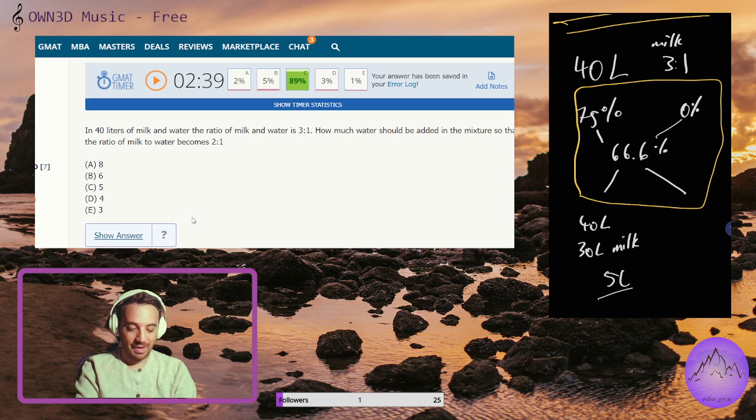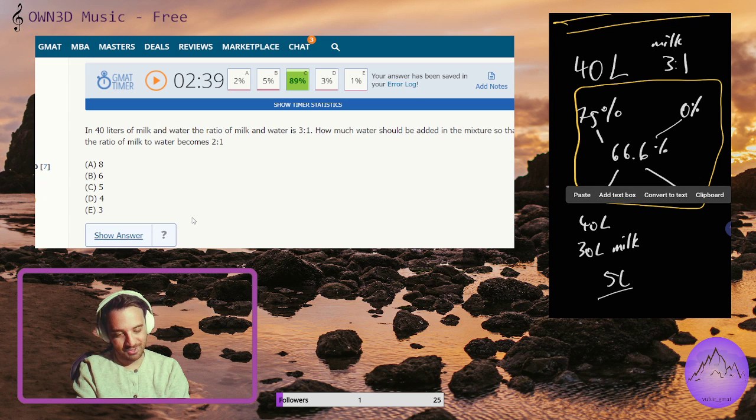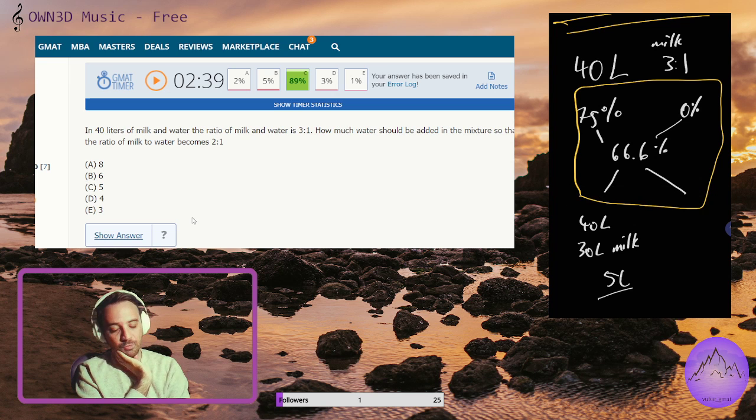So in case you're not familiar with allegation, really quickly, the way it works is, in this example, we've got a liquid which is some mix of two things. I started out by saying, okay, the original mix of milk and water is 3 parts milk, 1 part water.